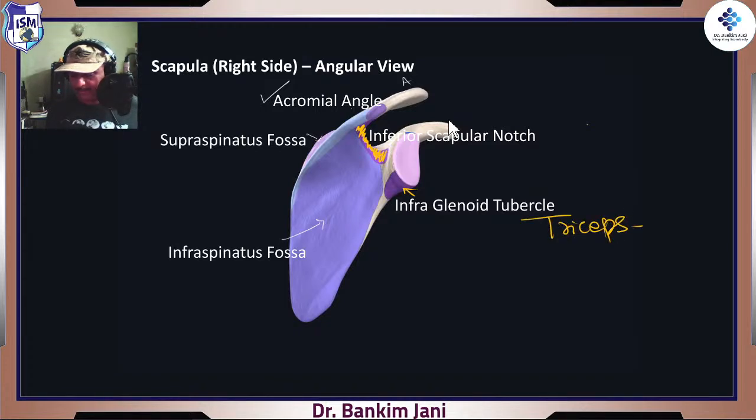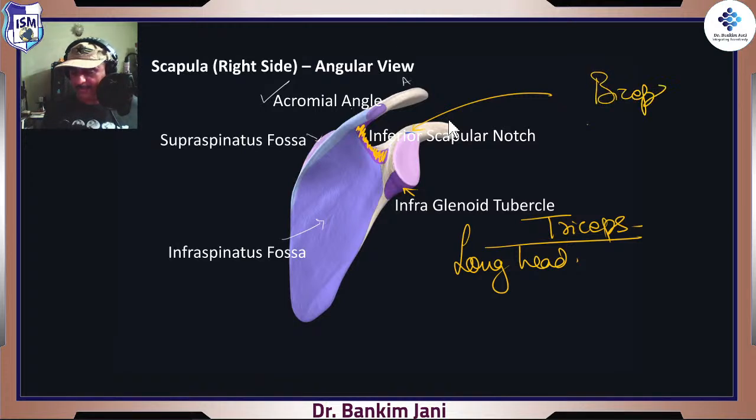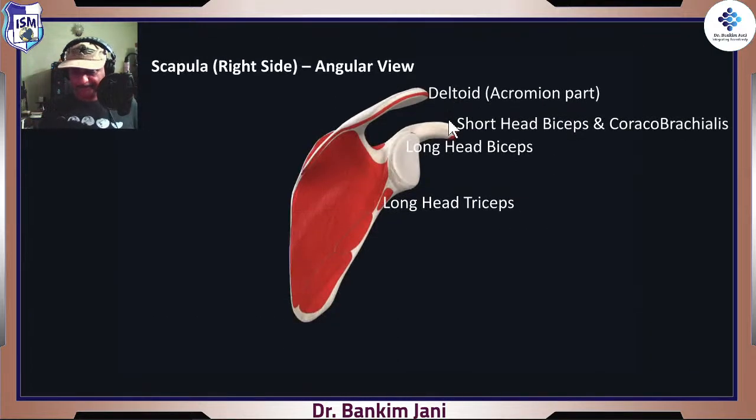This is about the triceps. As it is traveling such a long distance, let's give it the grace that it is the long head of triceps. Its cousin is connected over here, but this cousin has two heads. So this is the biceps, but it is also traveling, so we'll say this is the long head of biceps.